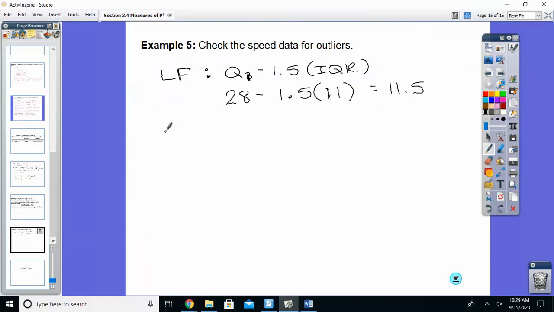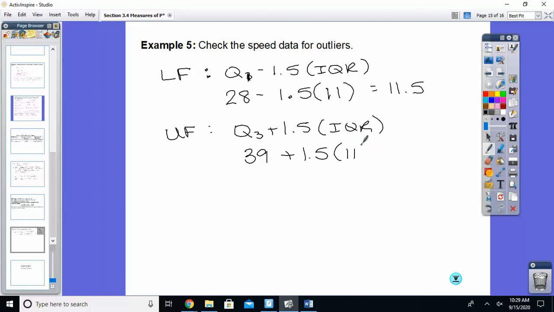Now we find our upper fence. So that's quartile 3 plus 1.5 IQR. So quartile 3 was what? I'm trying to remember. 39 plus 1.5 times the IQR, which was 11.